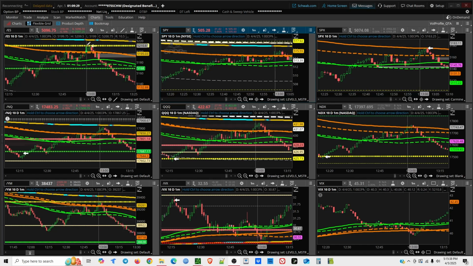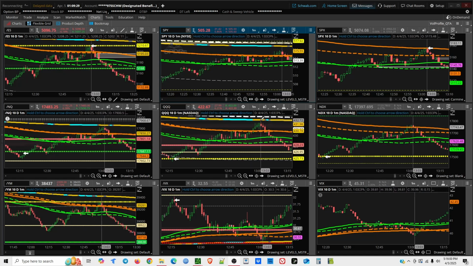The support for taking that short trade was, number one, because SPX was coming up and touching its 200 EMA, and also NDX was also at its 200 EMA.